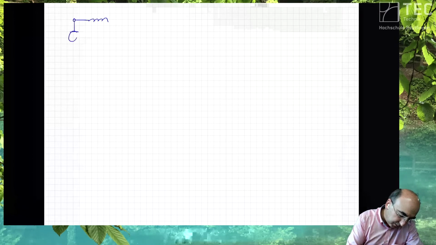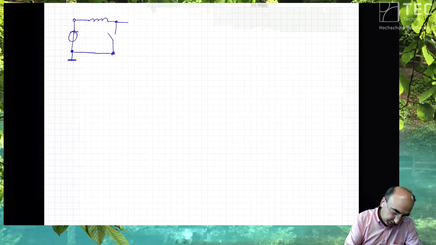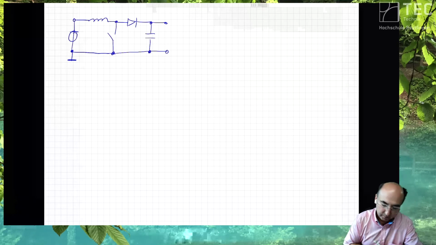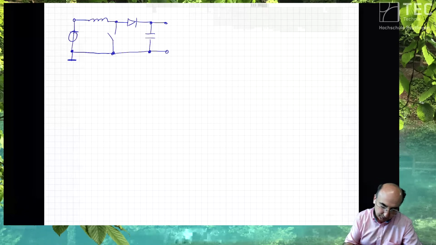Here you have a voltage source. This inductor is connected to a switch. Assume here the ground. And then you have here your diode. And this diode is feeding a capacitor here. So that's the most simplistic circuit for power electronics topology.